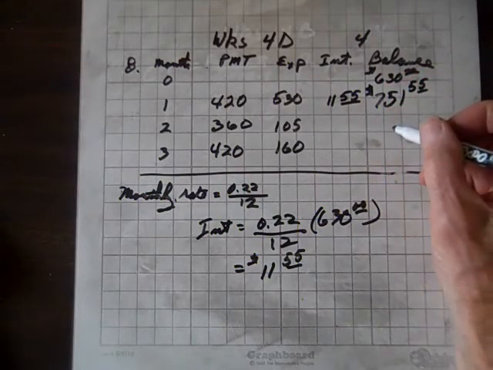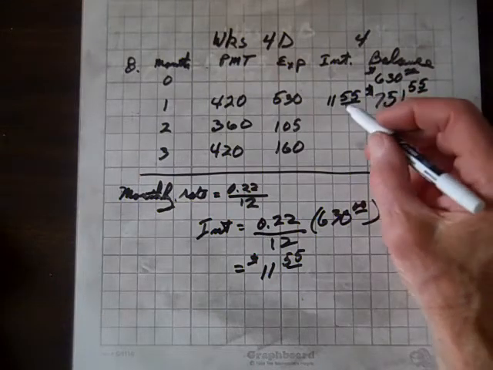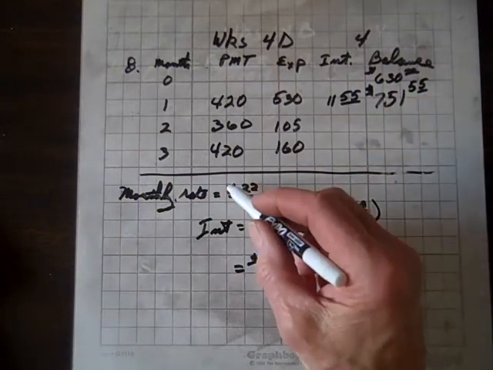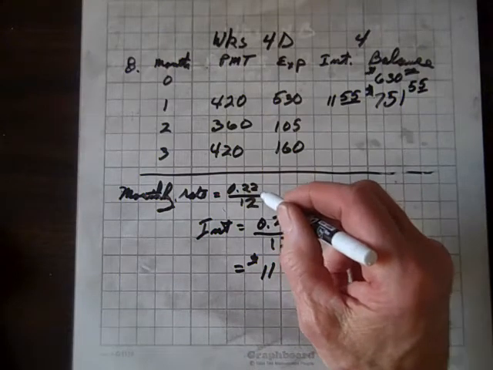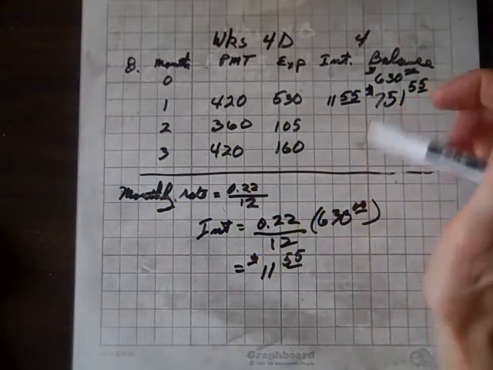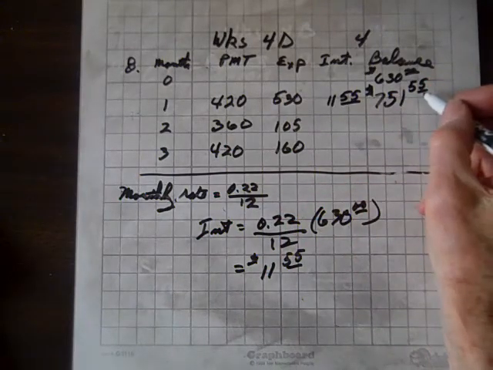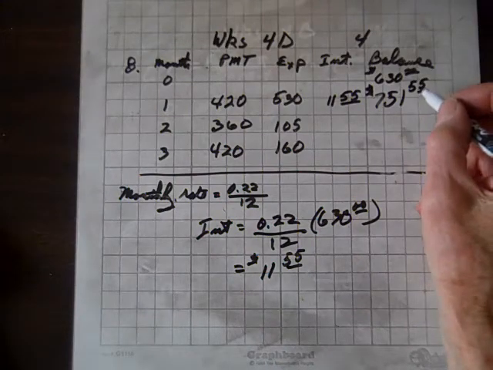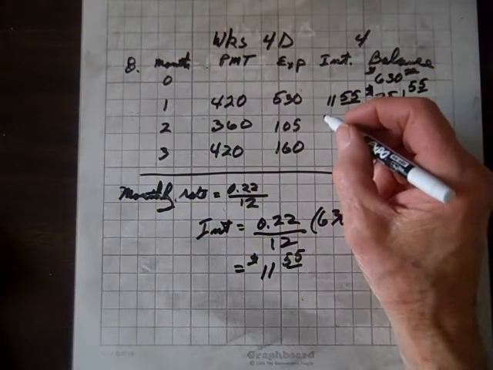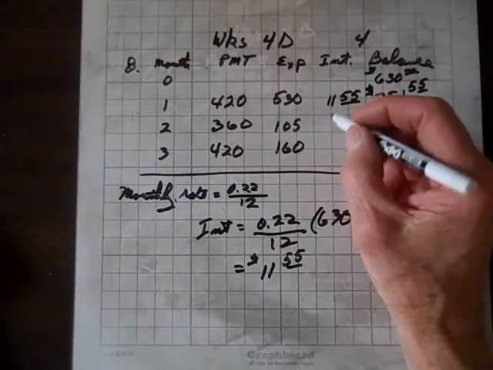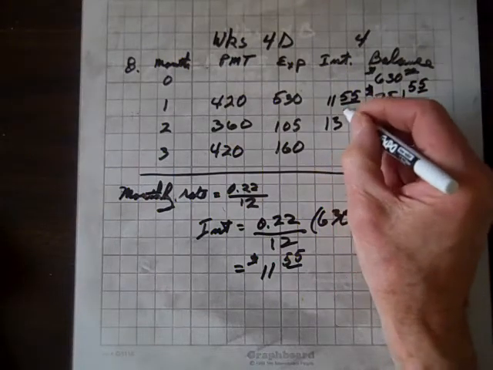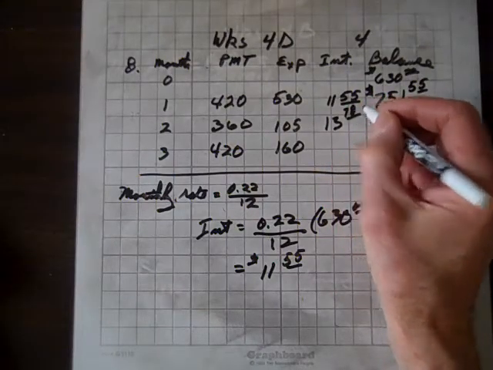Now we need to find the new interest. So to do that, we'll multiply that rate of interest, 0.22, divided by 12 times $751.55, and what we get is $13.78.